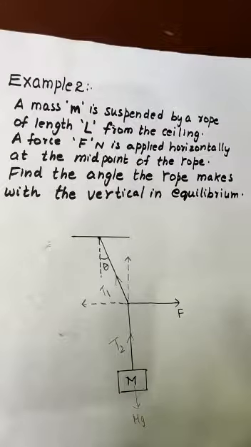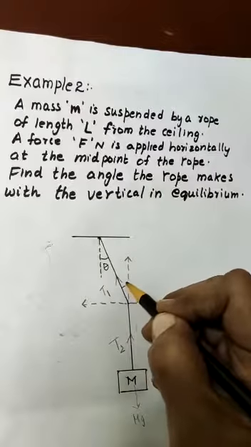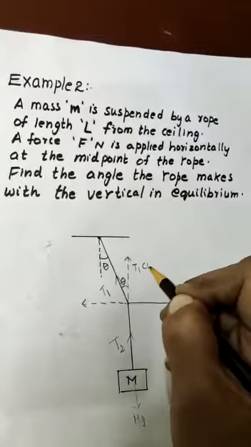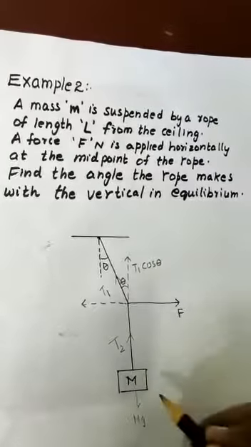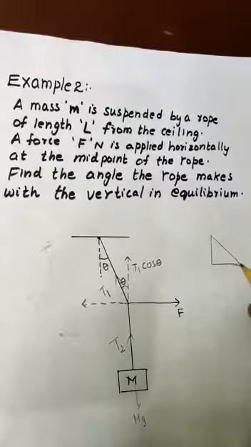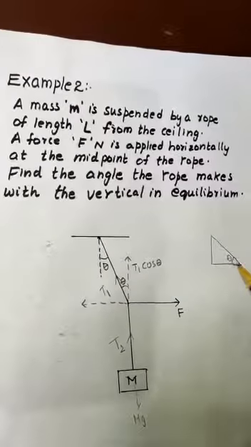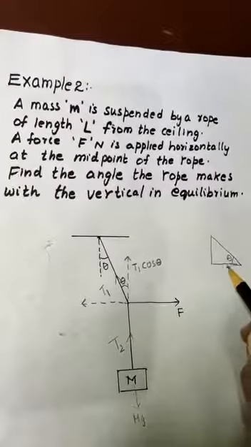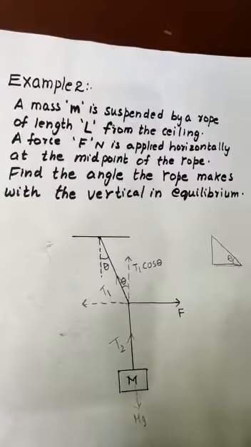The y-axis component is the cosine component, that is, it is T1 cos theta. According to geometry, you know that if we have a right angle triangle, the opposite side is always the sine component and the adjacent side is always the cos component.